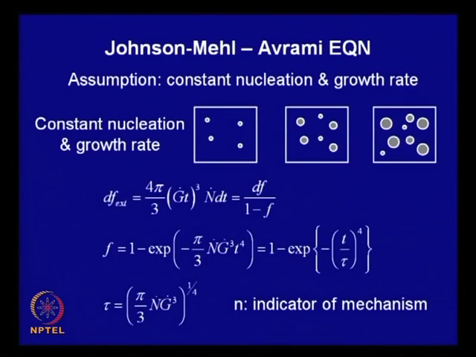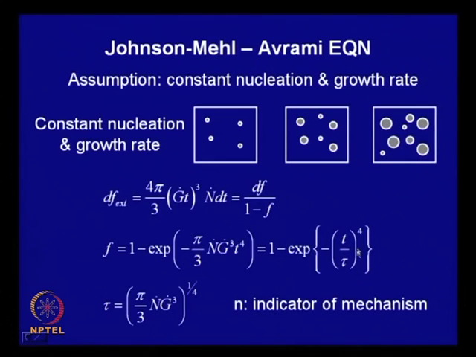And then you integrate this, since there is t cube, you will get t to the power 4, and the expression comes out to be this. And here also you try to find out tau, this expression is given here.